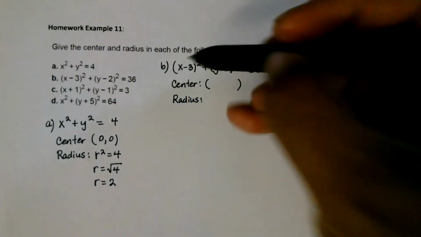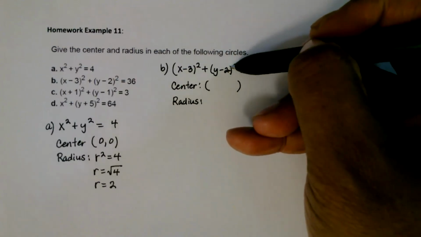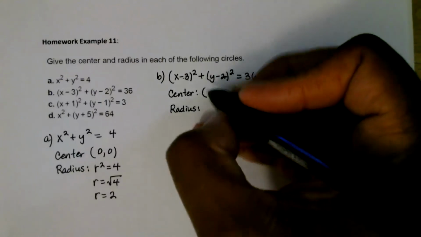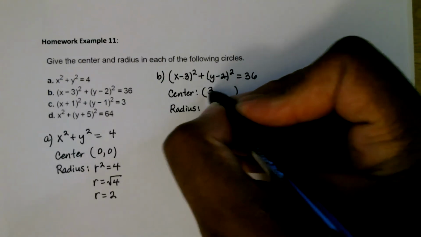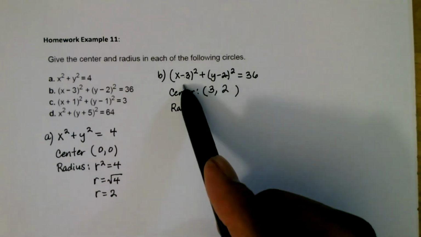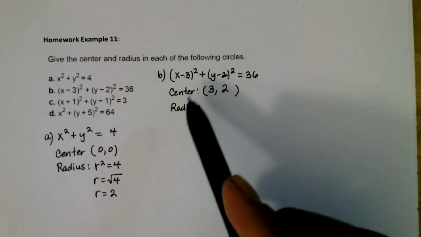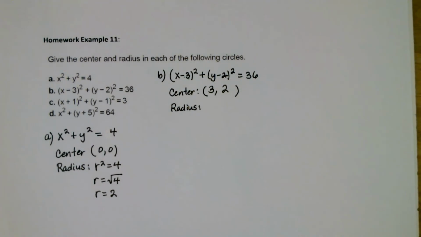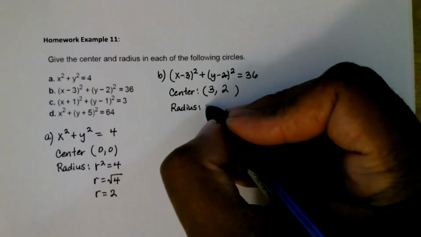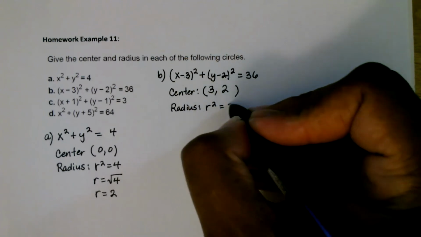What I would do here is take the opposite sign of each one of these. Since both of these are minus, the opposite of that would be a positive. So the 3 has to be positive and the 2 has to be positive. Now, if one of them was a plus, then you take the opposite of the plus, which is a negative. Okay, so the center of that circle would be 3, 2. Now for the radius, that 36 represents r squared, not r.